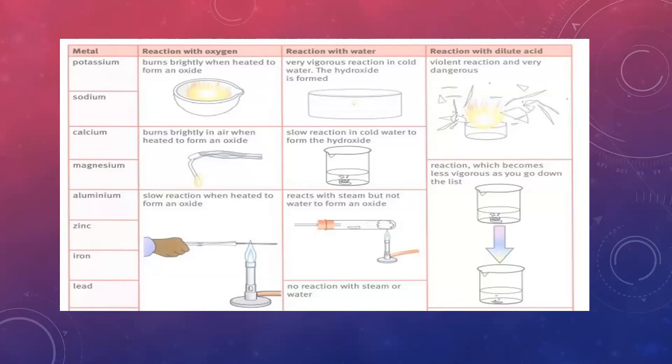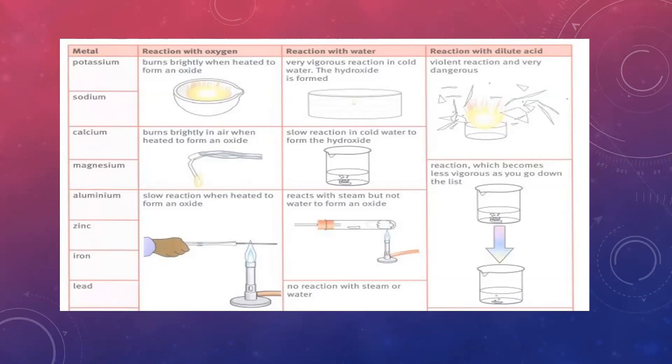The reaction becomes less vigorous as we go down the list. يعني starting from magnesium passing by aluminium, zinc, iron, lead، كل دول في الرياكشن بتاعهم مع الديليوت اسيد بيكون less vigorous. يعني شدة التفاعل بتقل بداية من الكالسيوم وبتقل اكتر من المغنيسيوم مرورا بالالومنيوم والزنك والايرن. كل ما بننزل go down the reaction become less vigorous.